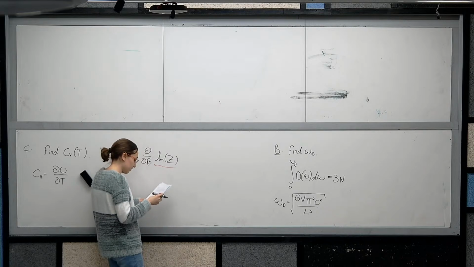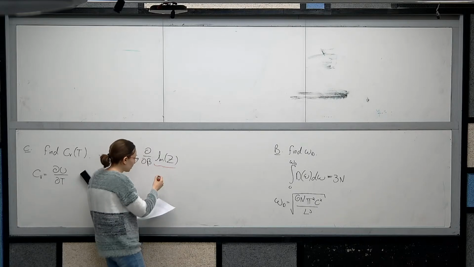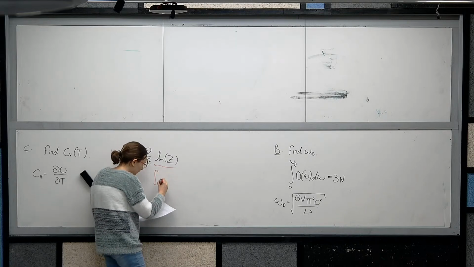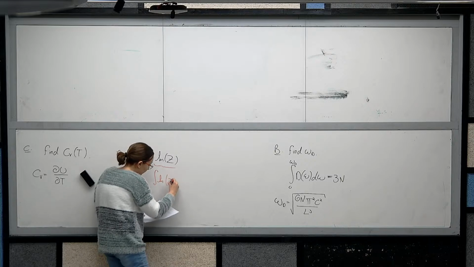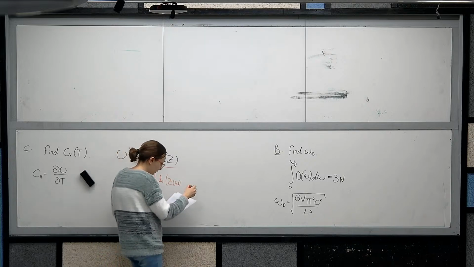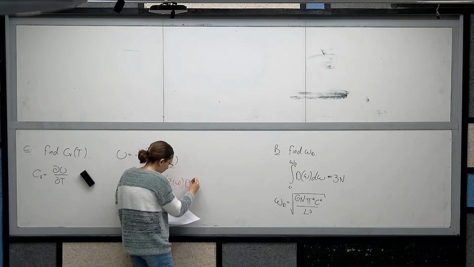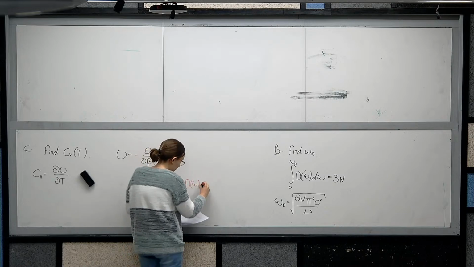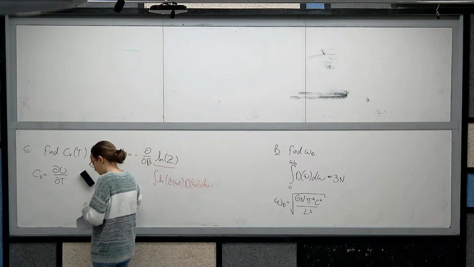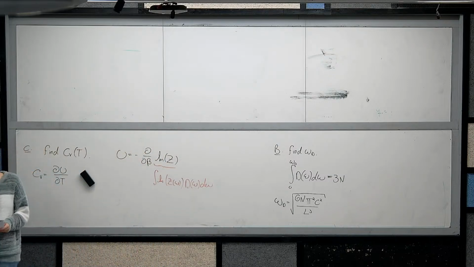we write it as the integral of ln z omega d omega. We said this is the ln of the partition function.